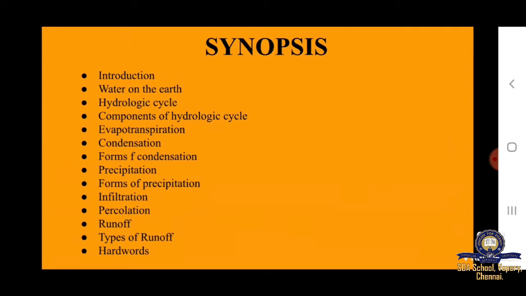Synopsis: introduction, water on the earth, hydrologic cycle, components of hydrologic cycle, evapotranspiration, condensation, forms of condensation, precipitation, forms of precipitation, infiltration, percolation, runoff, types of runoff, and hard words. So these are the topics that we are going to see in this lesson.